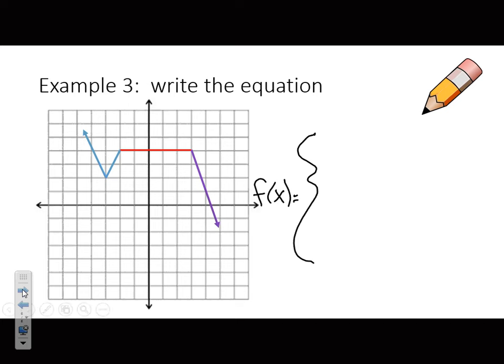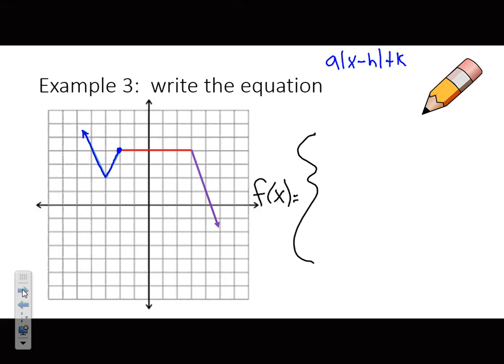Our first one here, our blue one, is an absolute value. Okay, we're looking here, absolute value. We're going to say it includes that part right there. So our absolute value, we're going to use the equation that we know, which is a absolute value of x minus h plus k, where a represents our slope, right?